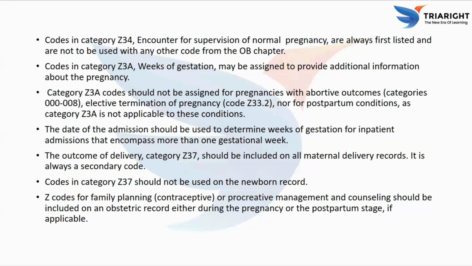It is never used on newborn records. It is only used on maternal records. For example, if there is a single live born baby, you assign the code Z37.0. Z37 codes are not for newborns. Never use Z37 on the baby chart. Always use it only on the mother's record.